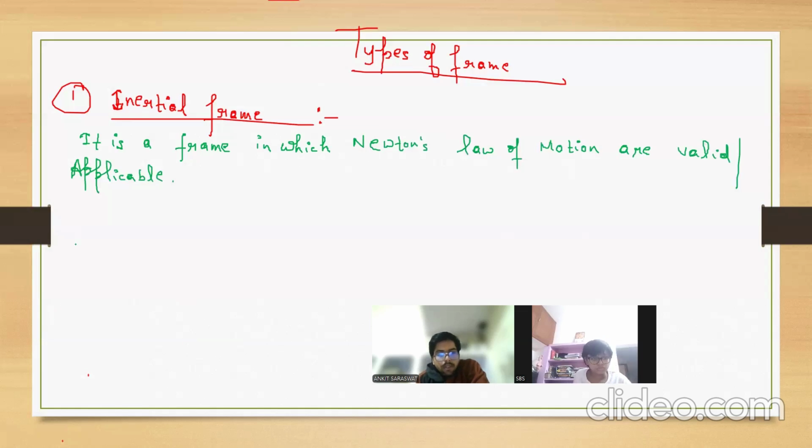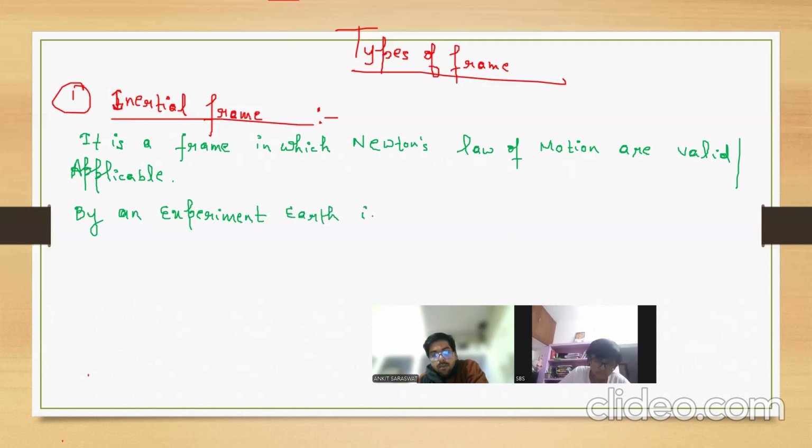By an experiment, Earth is an approximate inertial frame. I'm not saying inertial, okay? It is approximate.